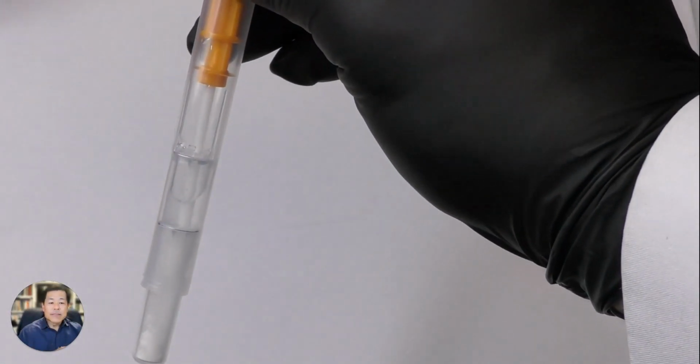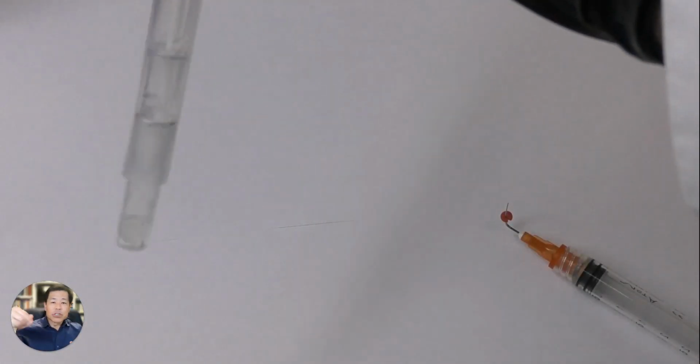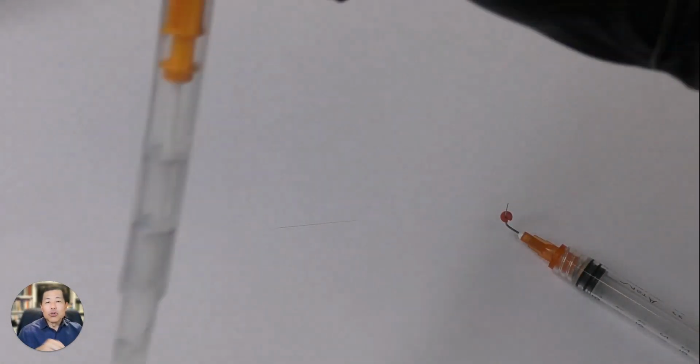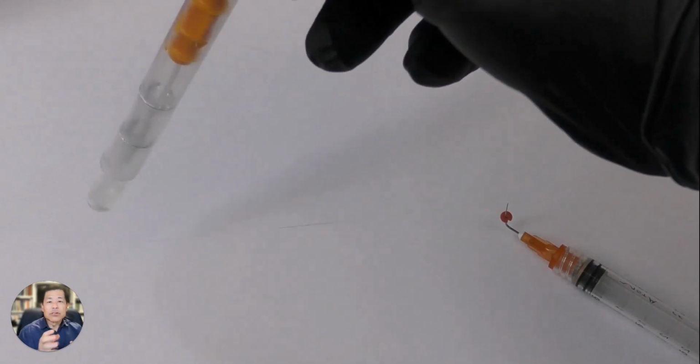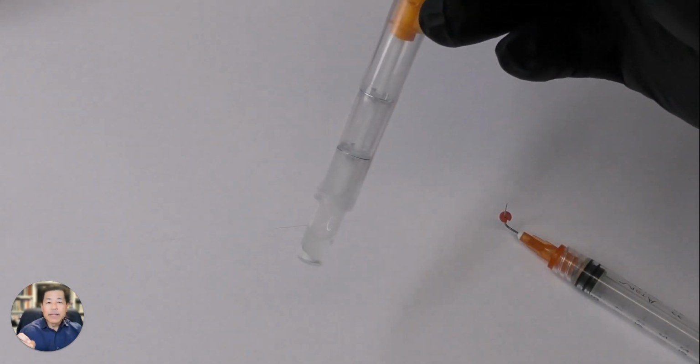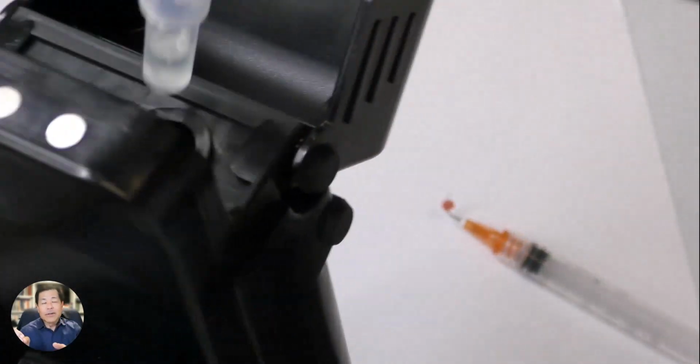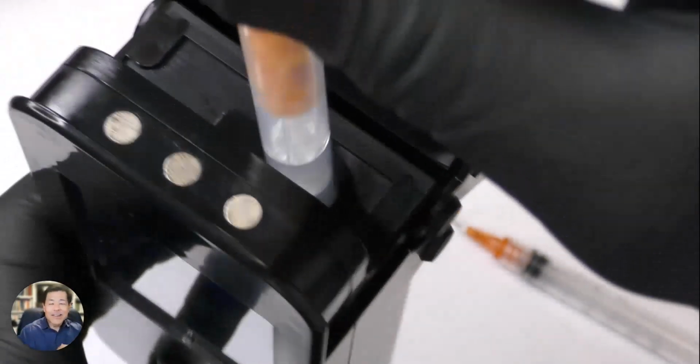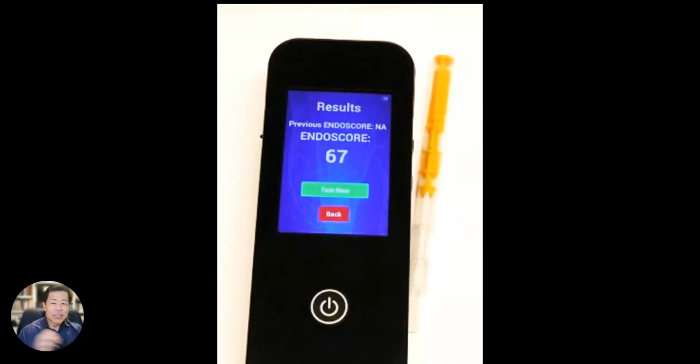When we've pushed the swab stick all the way down, we shake it up to get the luminescent reagent at the bottom all dissolved. And then we take the endo tester and place it in the Endocator, activate the Endocator, and it gives us a quantitative score. It's amazing. So in this sample, I got a score of 67.